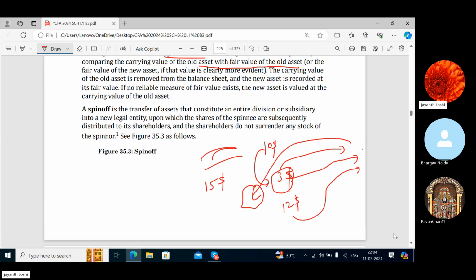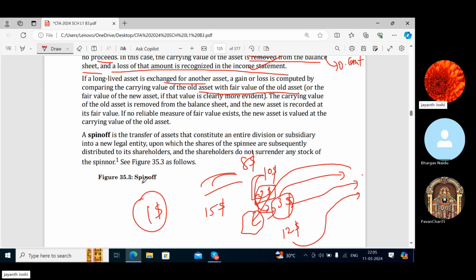Let's say the asset has depreciated by $8, so the carrying amount is $2, but the market value, from the one with whom you are exchanging, is $3. So $1 profit you have made from this transaction. Please tell me, did you understand?